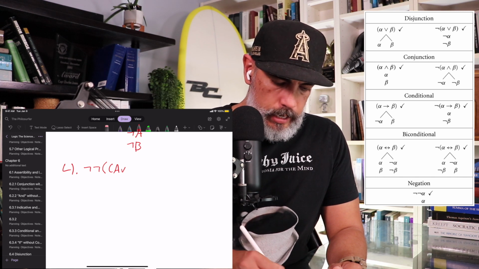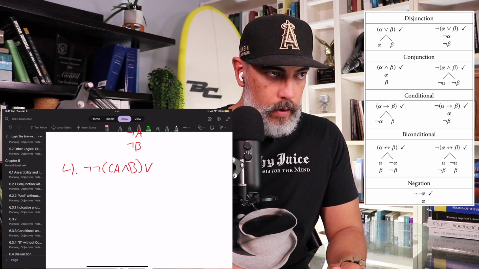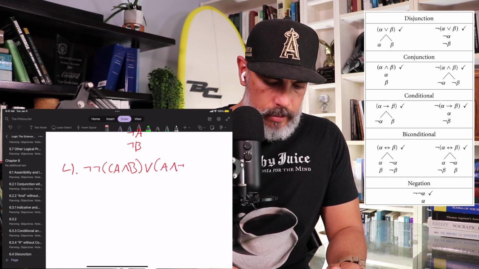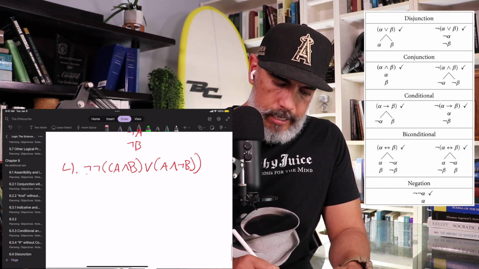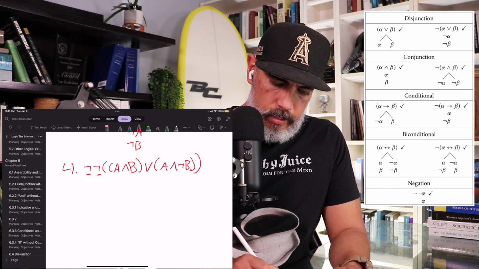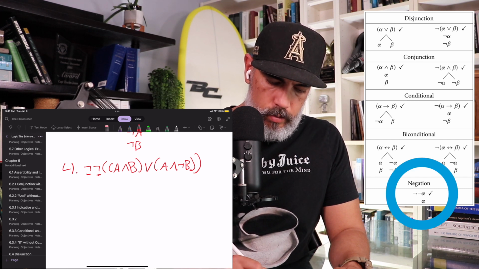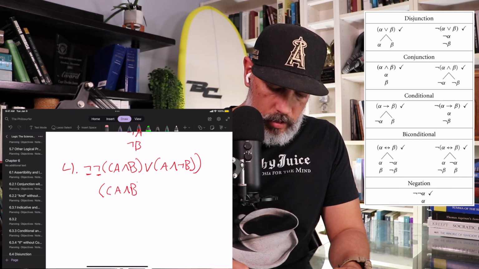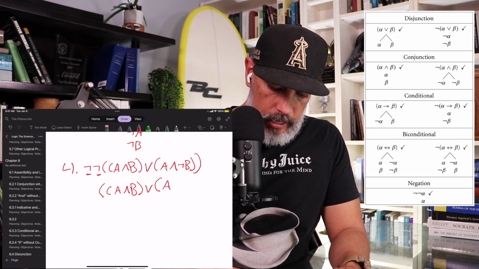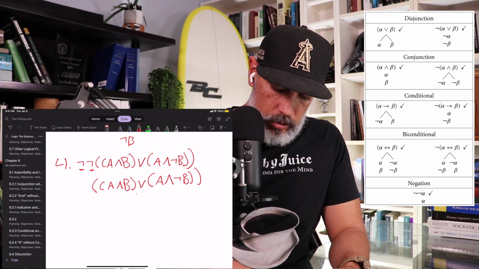Number 4, not A and, that's A and B, or A and not B. So our first connective is this negation, and then the next one is this negation. So that's a double negation. So we can apply our double negation rule, and we got A and B, or A and not B. All right, now we have a disjunction.